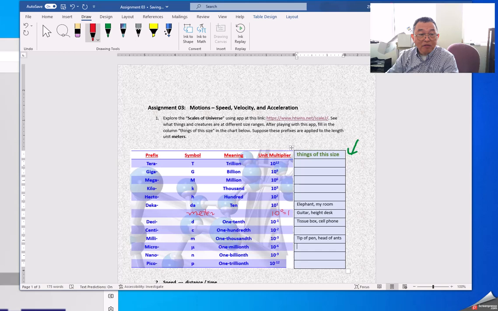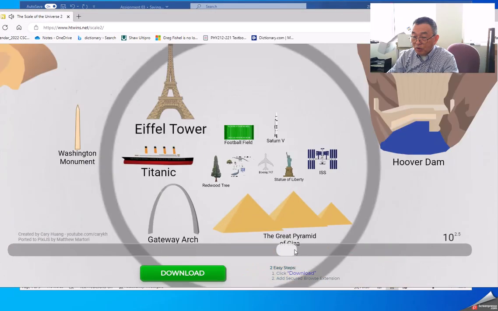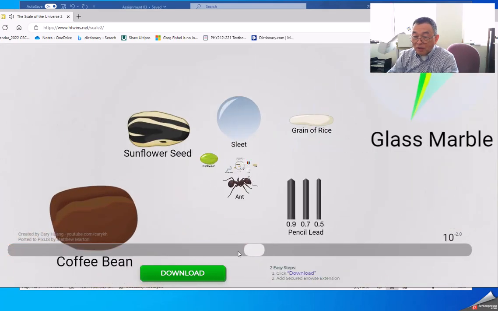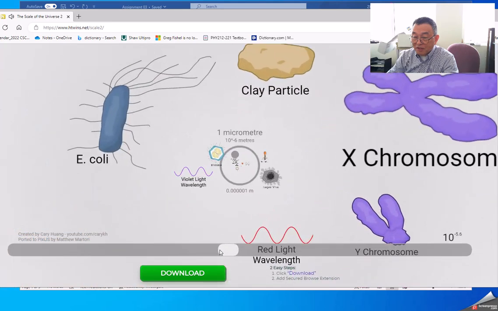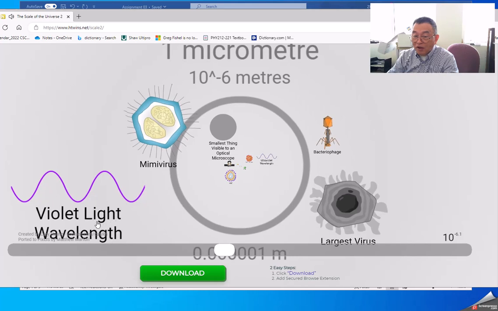For the micrometer, something like a cell, and for those of you in biology, some bacteria. If you don't know, go here and zoom in to micrometer, 10 to the negative 6, and you will see what's in it: ultraviolet light, a mini-virus, bacteria, and things like that. A large virus is around the micrometer, and a virus is smaller than that.